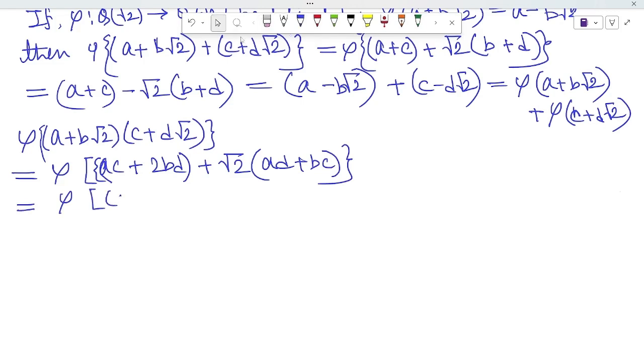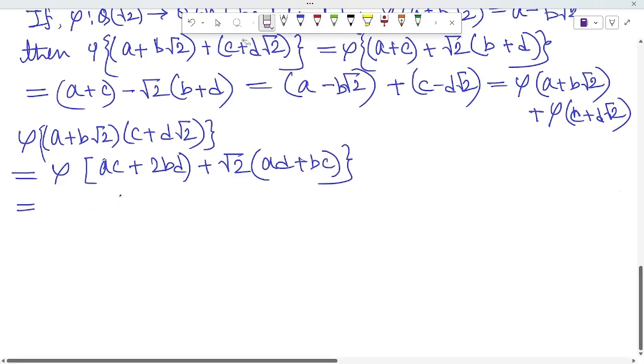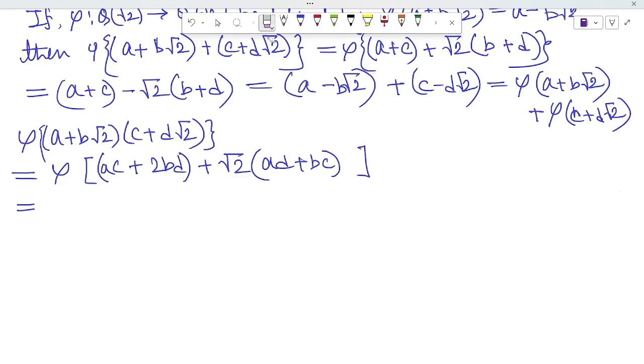So where will phi map it? Phi will map it into ac plus 2bd minus root 2 times ad plus bc.